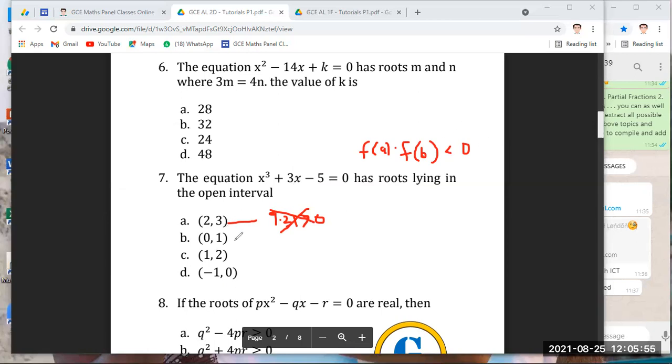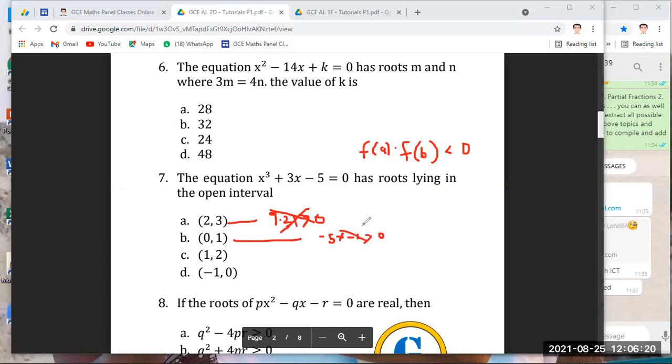Now let's test the second one. If we put 0 here, we'll just be left with a -5. Times, when x is equal to 1, this will give us 1 plus 3, 4 minus 5, which is negative 1 again. Negative times negative is positive. So this number is still greater than 0.